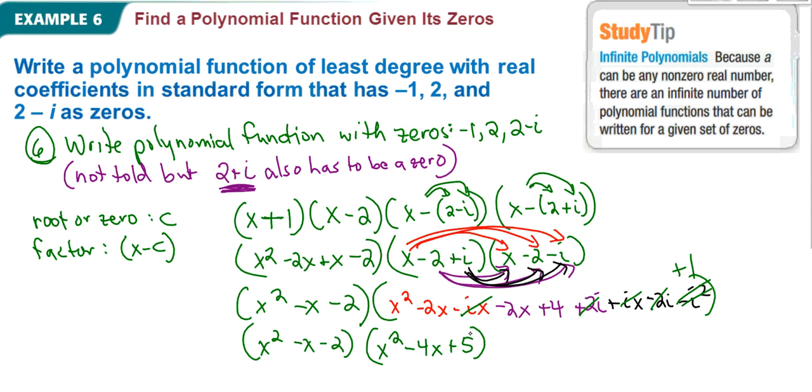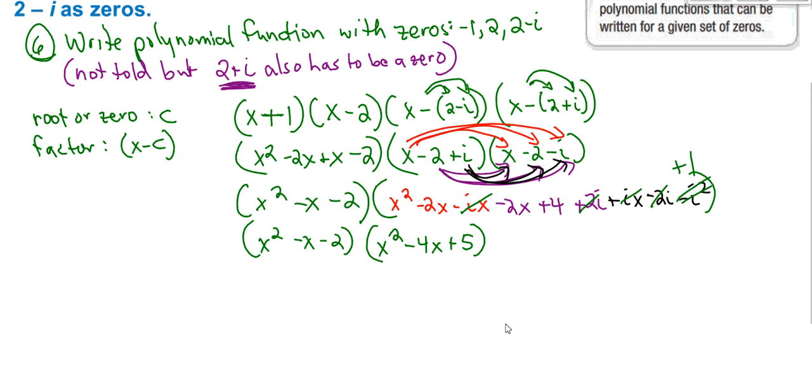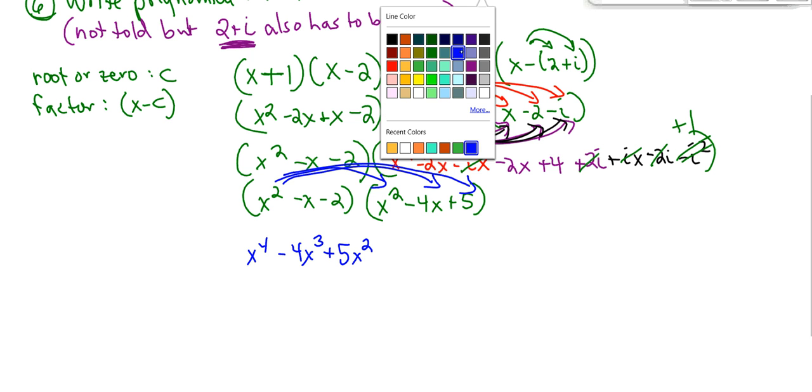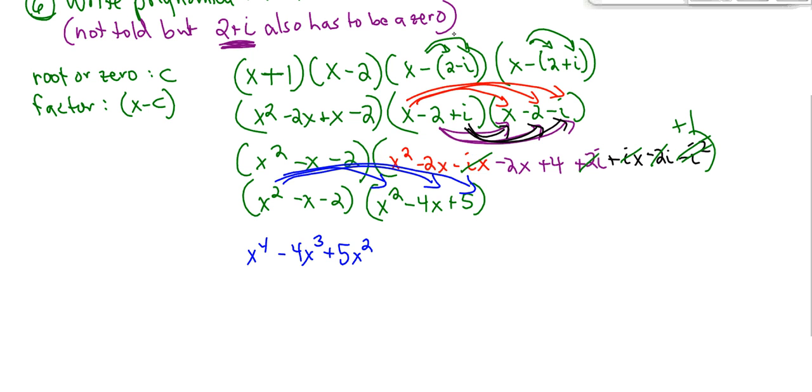Now I'm going to do that exact same thing. I have two trinomials, three-termed things, and I'm going to just distribute things out. So I'm going to take x squared times all of those, and that's going to give me x to the 4th minus 4x to the third plus 5x squared. Then I'm going to multiply each of these times negative x. Oh, I don't like that color.